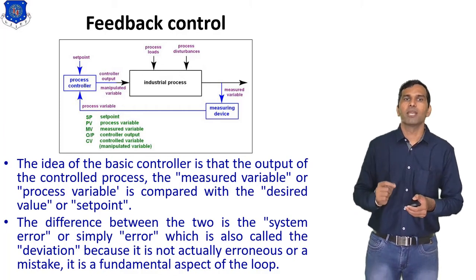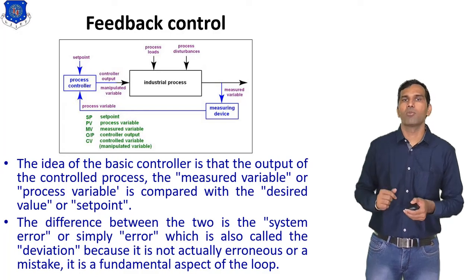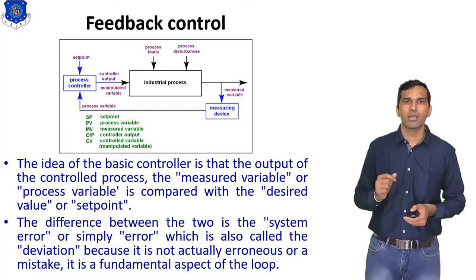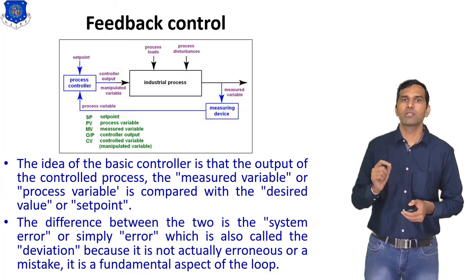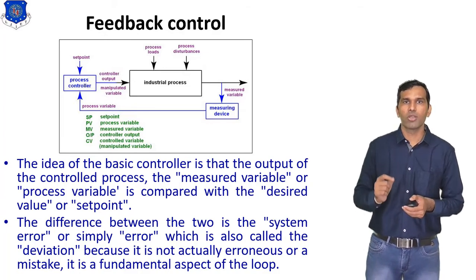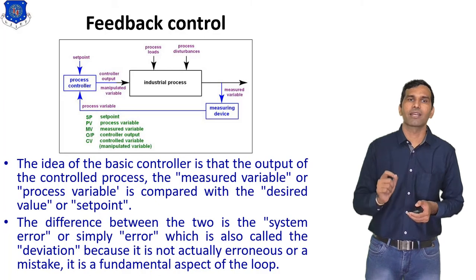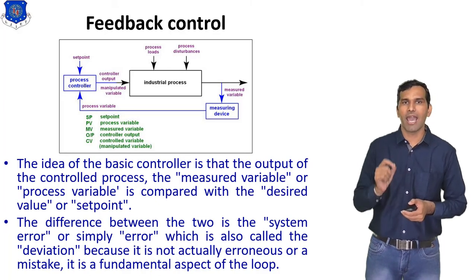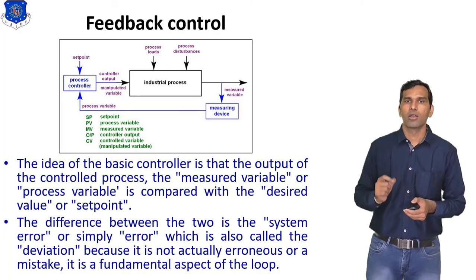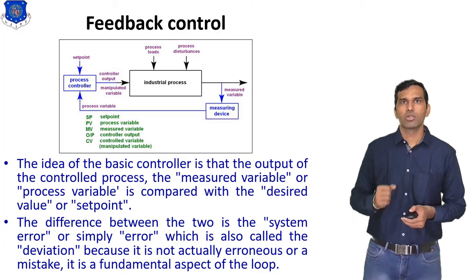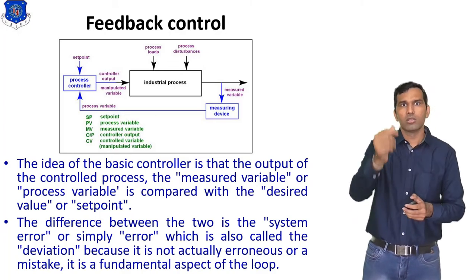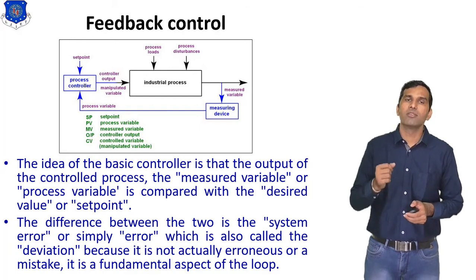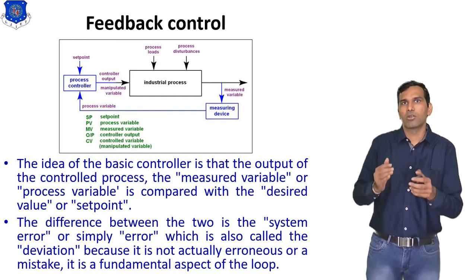It is also called the deviation because it is not actually erroneous or a mistake. It is a fundamental aspect of the closed loop system. So this is the procedure by which we can control the system using the feedback control system.